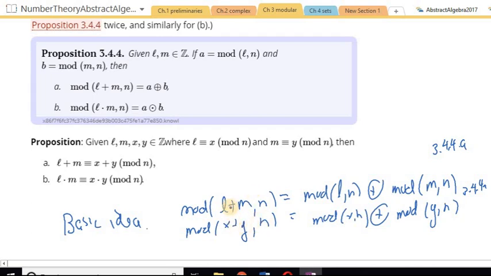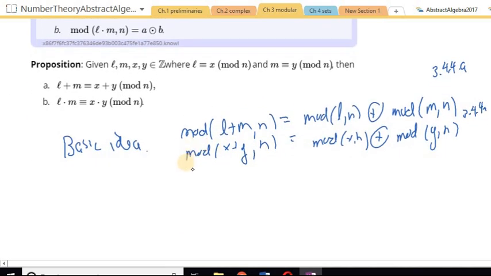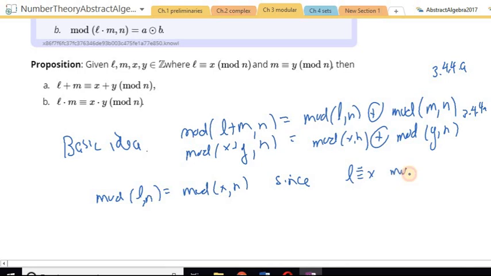That means that x plus y and L plus M have the same remainder, which means that x plus y is congruent to L plus M. So let me write that out. I can say that mod L n is equal to mod X n, since L is congruent to X mod n.